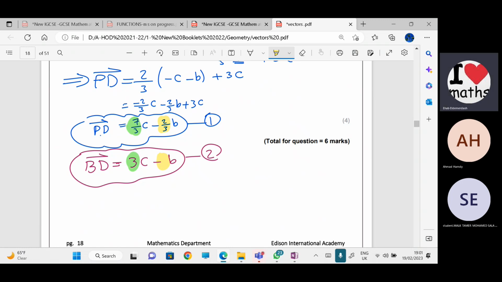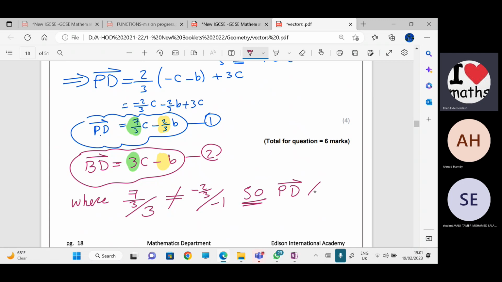No. If they are not similar, I can write that 7/3 divided by 3 is not equal to negative 2/3 divided by negative 1. Am I right? The ratio of the coefficient of C is not the same as the ratio of the coefficient of B.